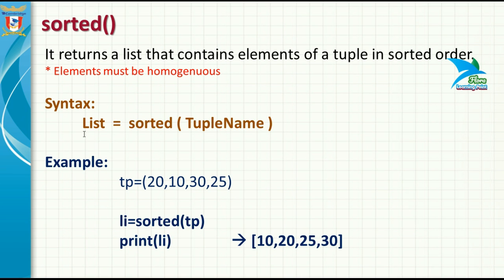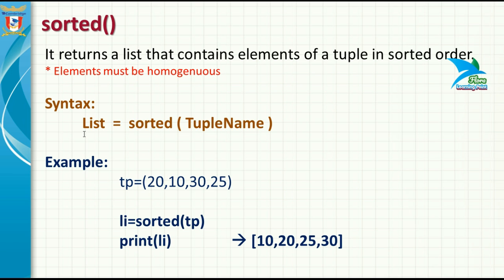The next function that we have is the sorted function. It returns a list that contains the elements of a tuple in sorted order, and the condition is that the elements must be of homogeneous type. Keep one thing in your mind, that we can't sort the elements of a tuple itself, because a tuple is an immutable sequence type.